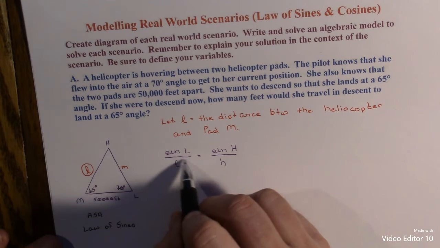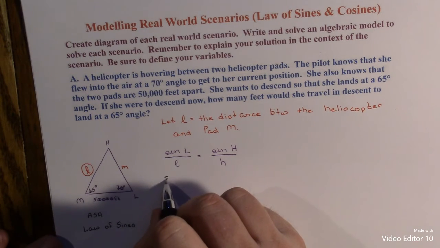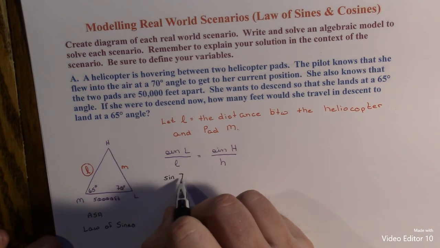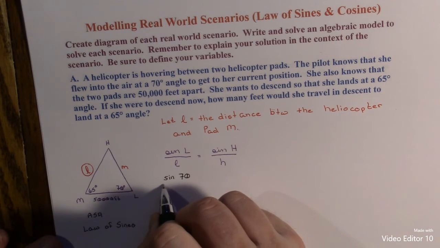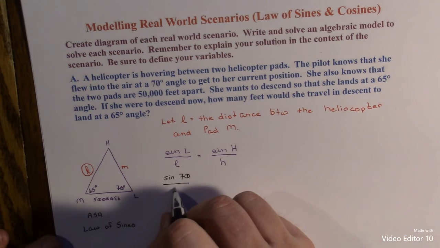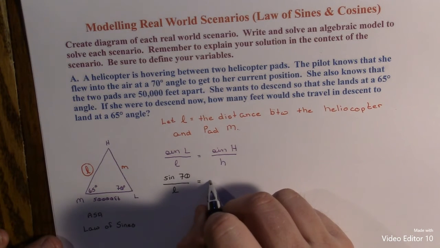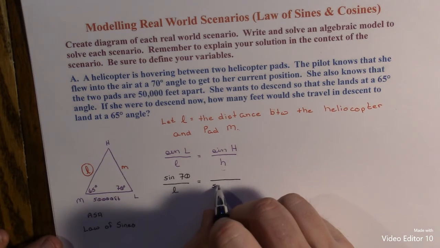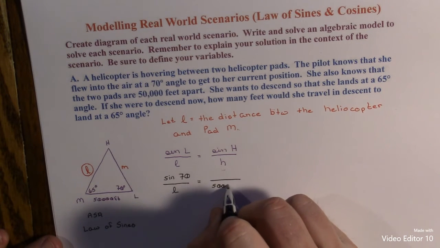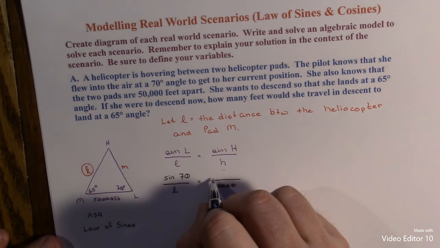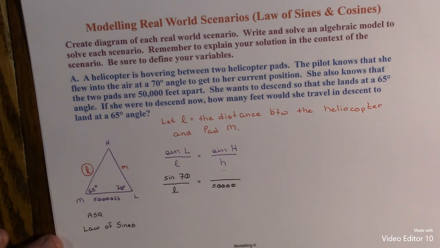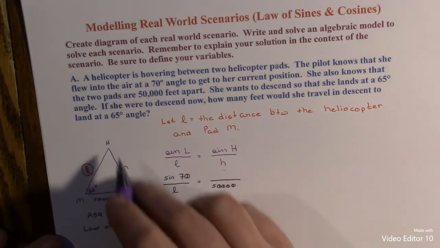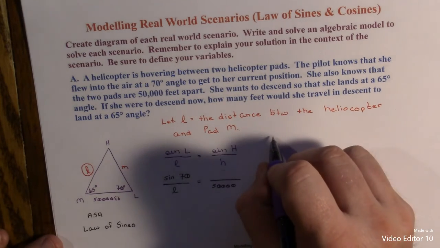Now we know angle L, which is 70 degrees. We're looking for side L, that's our unknown. We know side H is 50,000, but we don't outright have angle H. But being this is a triangle, we know all three angles add up to 180 degrees.